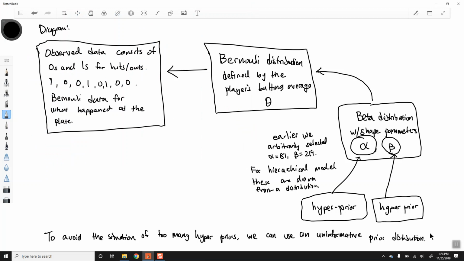Okay, and the reason why we would want to do something like this is that we can now represent data for more than just one player. So rather than just looking at one player, we can get a whole bunch of different theta values. So let me just draw this. We've got some uninformative hyper prior distribution.